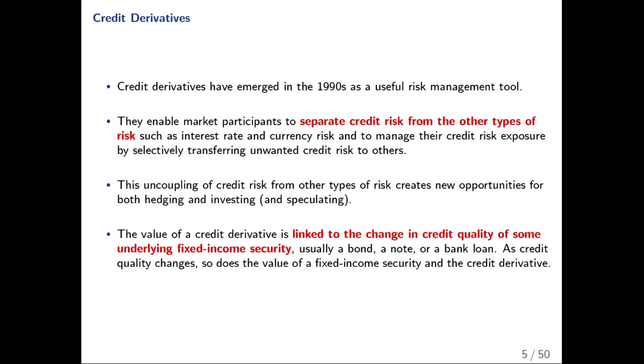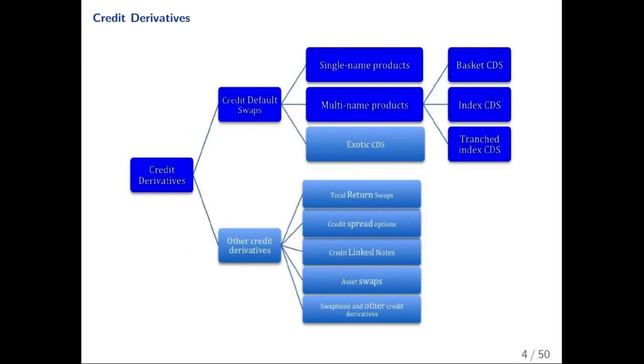Credit derivatives emerged in the 1990s and had a rapid boom during the 2000s, right up until the financial crisis. Why were they invented? Why are they a very useful product? They allow investors to separate risks cleanly. Unlike, for example, products like a total return swap, which swaps the total return of any asset for a fixed payment.